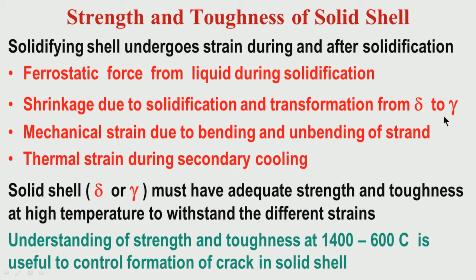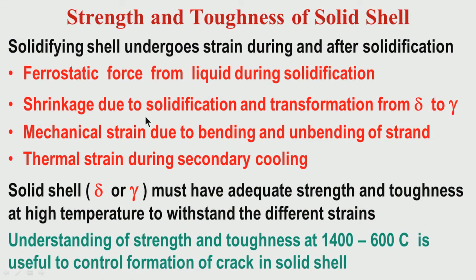After solidification, for all types of steel, you have only gamma, but for certain chemistry you have initially delta and then gamma. So what is important is, for those chemistries, when the transformation from delta to gamma is taking place, to what extent, and at what temperature region. These are very important. They might also add to the shrinkage value.